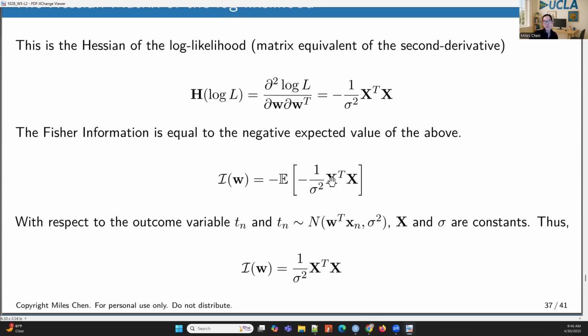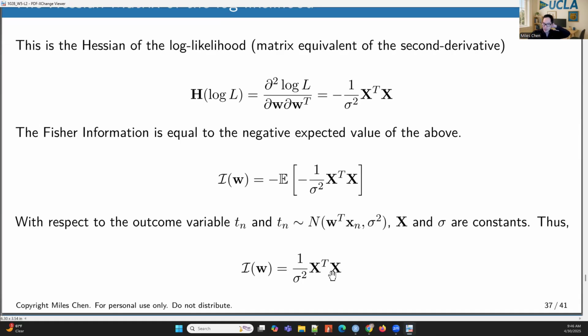We're accustomed to seeing X as a random variable, but X is not a random variable. These are our input, our matrix of predictor values. And we're assuming our observed values are normally distributed around W times X, with some variance sigma squared.